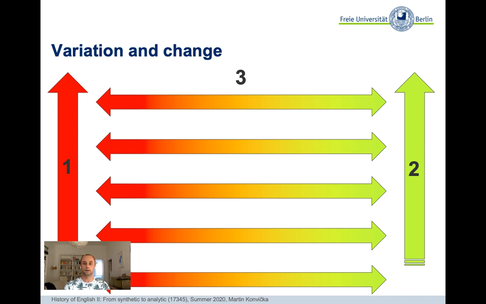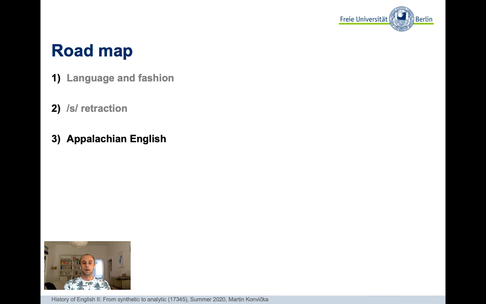They can always stay the same and be in free variation for a very long time, right? Okay, so this was something about S retraction and something about the big topic of variation and change.